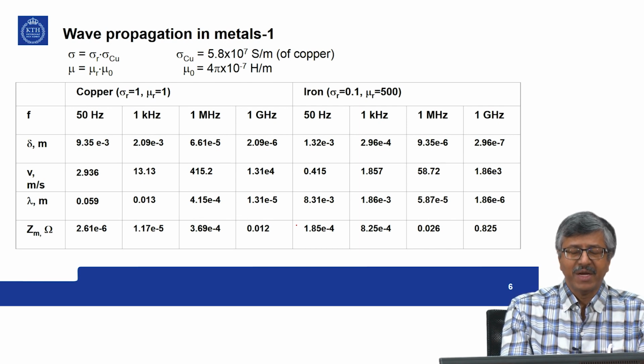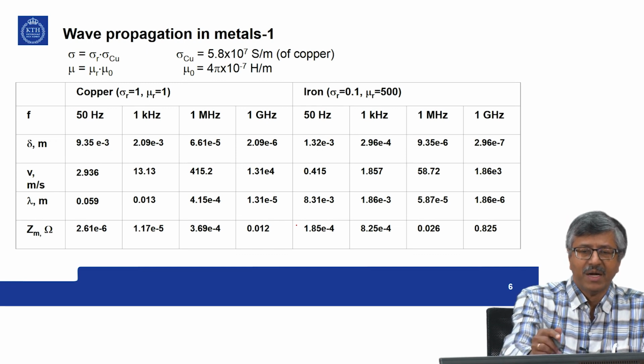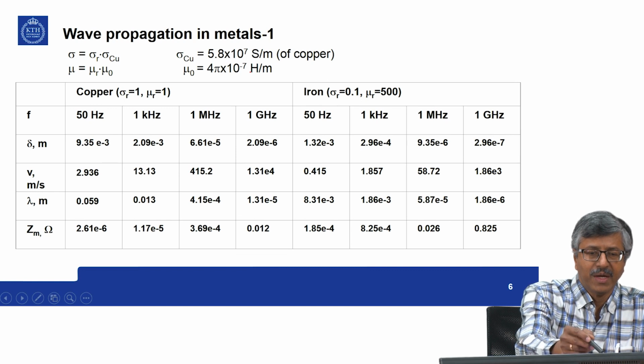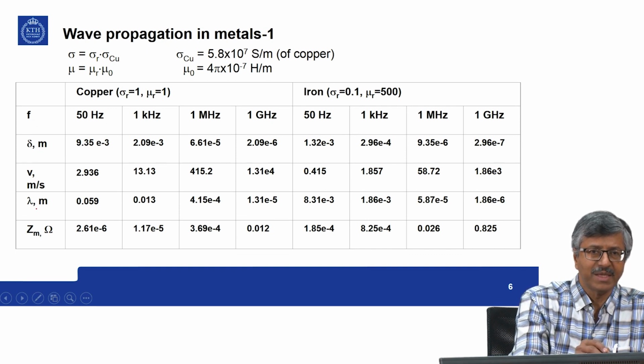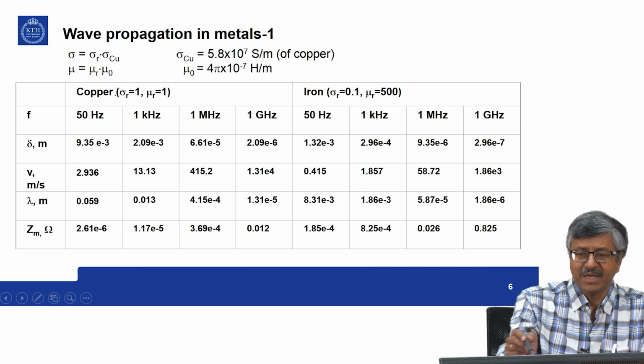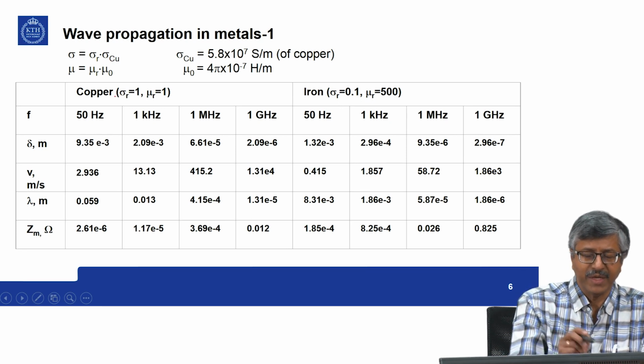We have done this calculation also before regarding wave propagation in metals: conductivity of copper and relative permeability, and you can express in terms of mu r, mu 0. So, here frequency, skin depth, velocity, wavelength and characteristic impedance of the metal are given for various frequencies for iron here and for copper here.